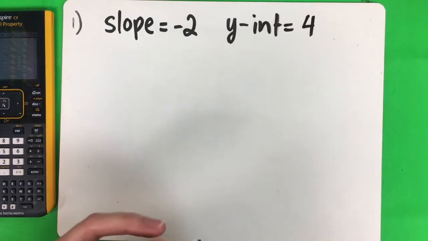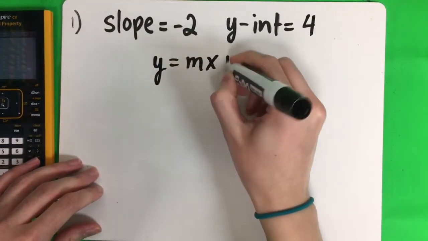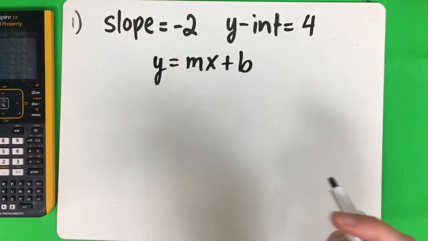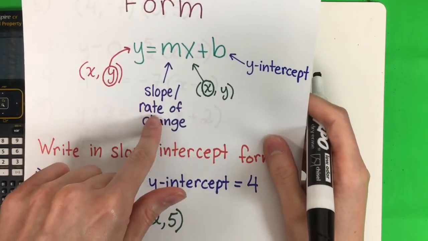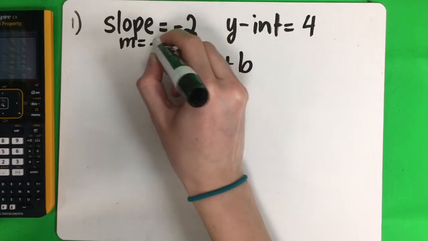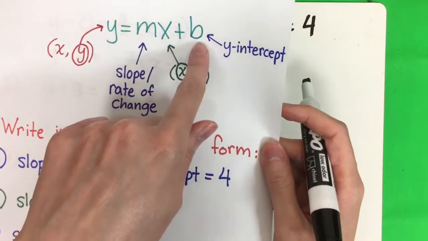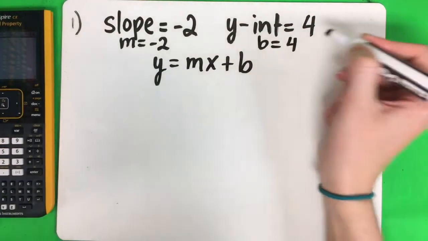So slope-intercept form is y equals mx plus b. Okay, slope is -2. Now slope, remember, slope is m, okay? So actually m equals -2. And my y-intercept is b, so b equals 4.